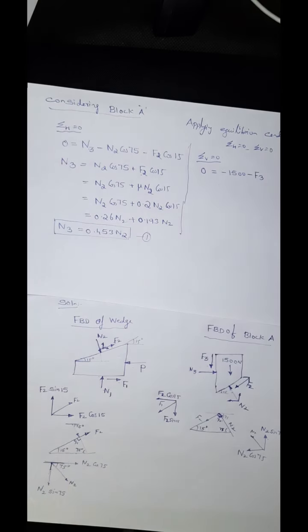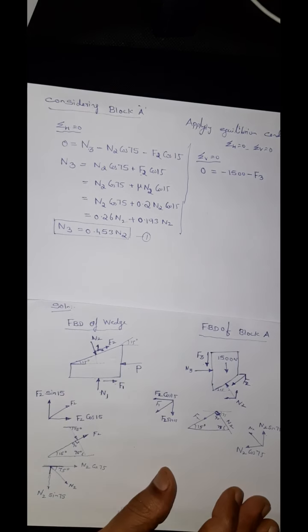Let's resolve the vertical forces of block A. Look at here, how many forces are there? This 1500 is acting vertically downwards, so it will carry a minus sign, and F3 in the negative direction, so F3, correct?